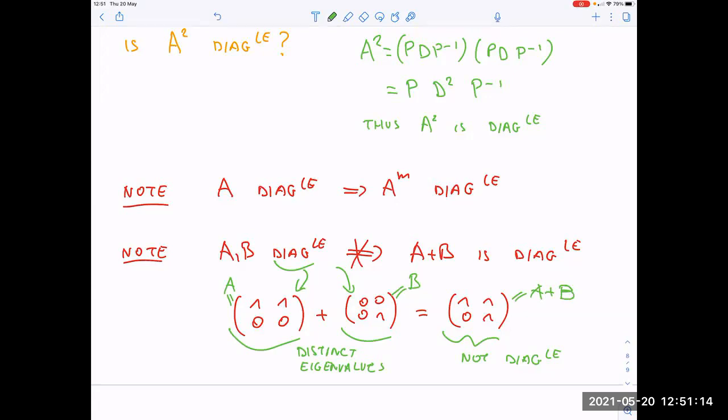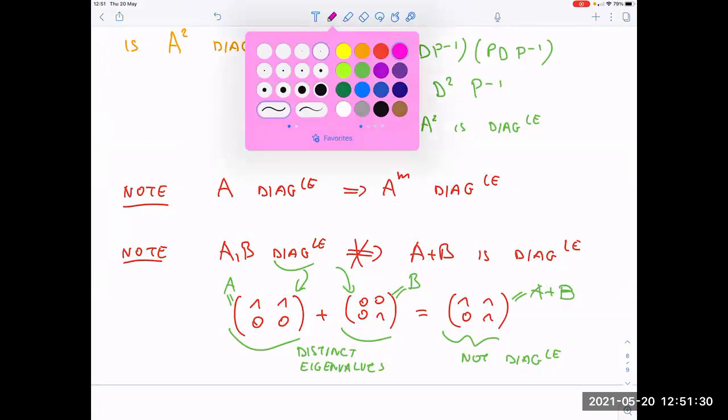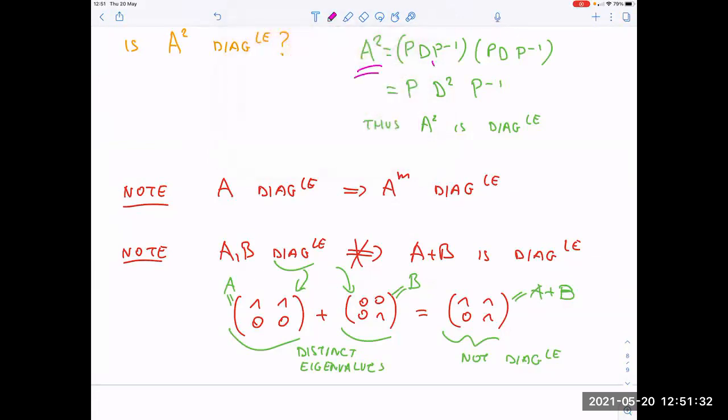Then Alireza asked about the product of diagonalizable matrices. In general, it is not going to be true. But you see what the problem is. The power is working because P minus 1 and P will cancel.